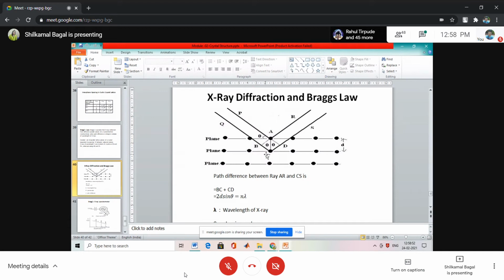Now here, as per the law of reflection and refraction, when any waves go from one medium to another medium, there should be change in their path. But here you can see that there is no change in the path of X-rays while they came from air to the crystalline solid.